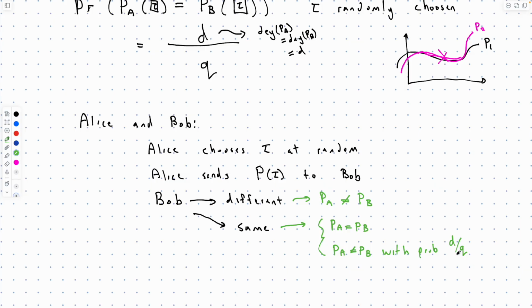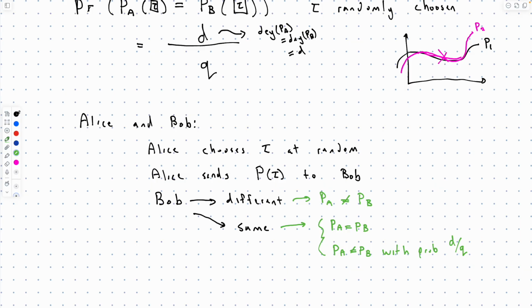Every time Alice sends a point to Bob, it's probability D over Q. So if you send 50 points, the probability that they're not the same polynomial is D over Q times D over Q times D over Q, and so on. It's going to get smaller and smaller, and eventually it's going to go to 0.